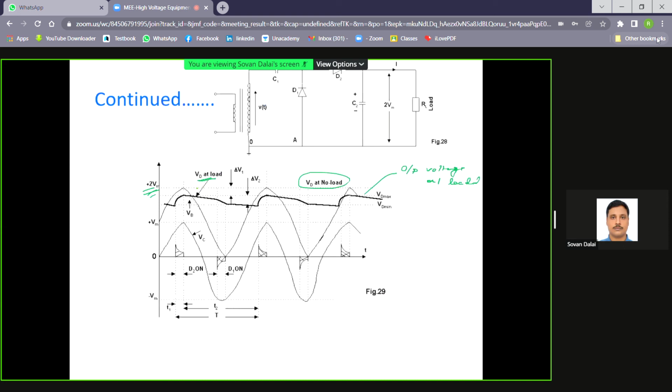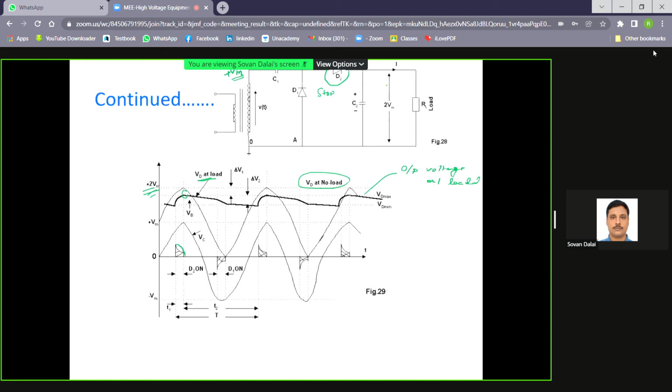It is marked here VD at load, and this is the peak value of VD, reached when VC, this point, is at plus Vm, and D2 just stops conduction. এই যে দেখো এখানে কারেন্টের এরকম দেখানো আছে, that this point potential VD reaches maximum when C point potential is at plus Vm and D2 just stops conduction.